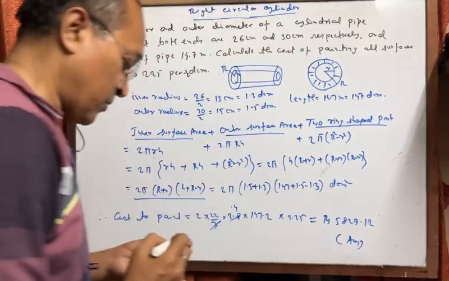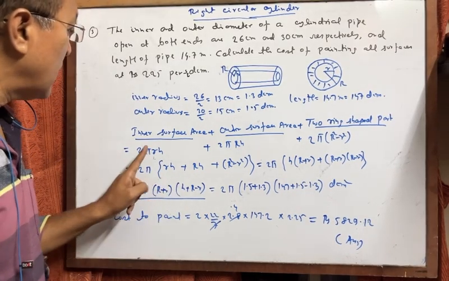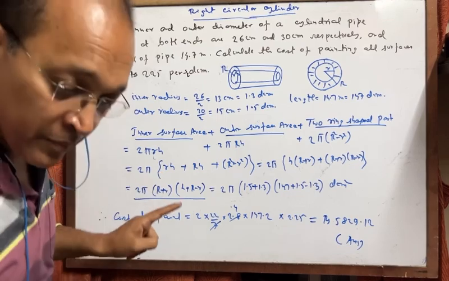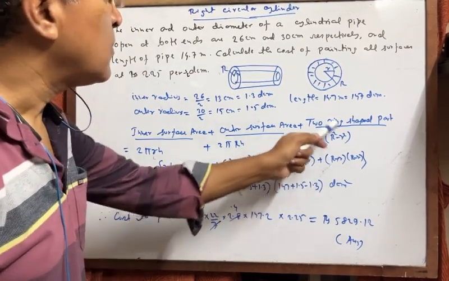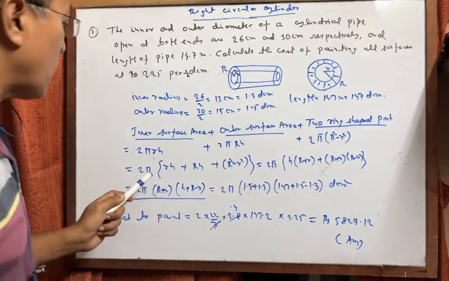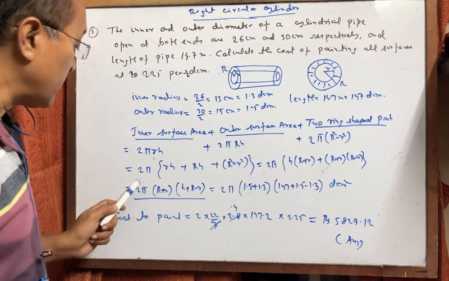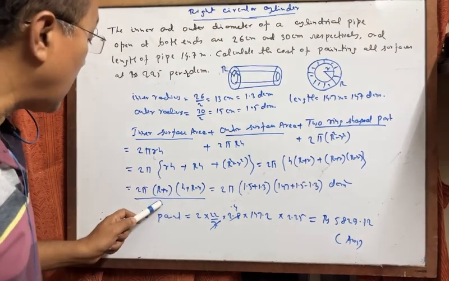Try to understand what I did here. First, I have written inner surface area, then outer surface area, and then two ring shape portions, right? And then for the sake of making calculation easier, I have taken 2 pi common, and later on I have taken capital R plus small r common.